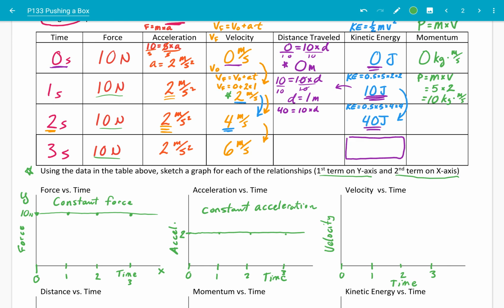And checking back at our data, we see our velocities are 0, 2, 4, and 6 meters per second. So when we're putting this on our graph, we'll have 0 at the bottom line, then 2, 4, 6.